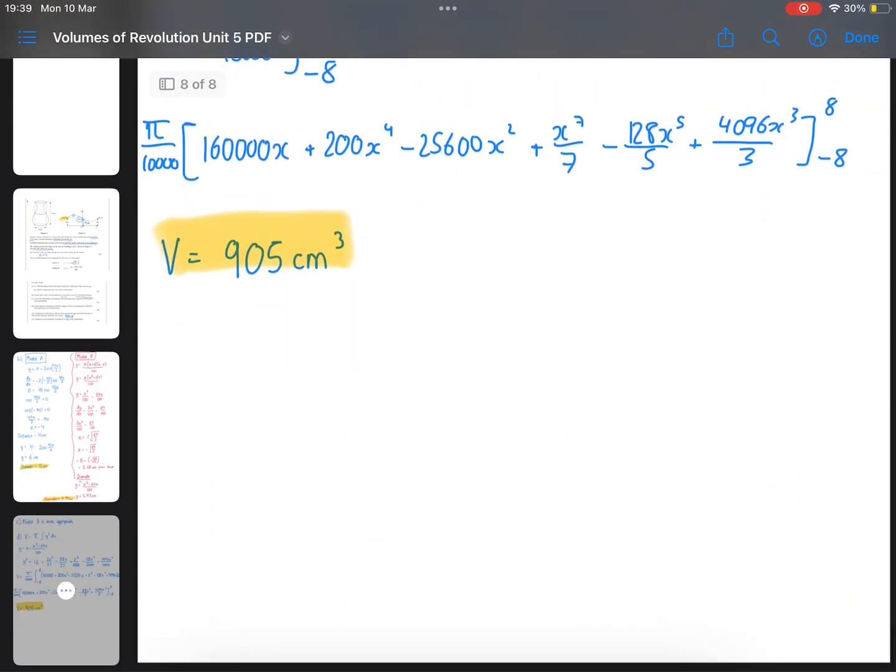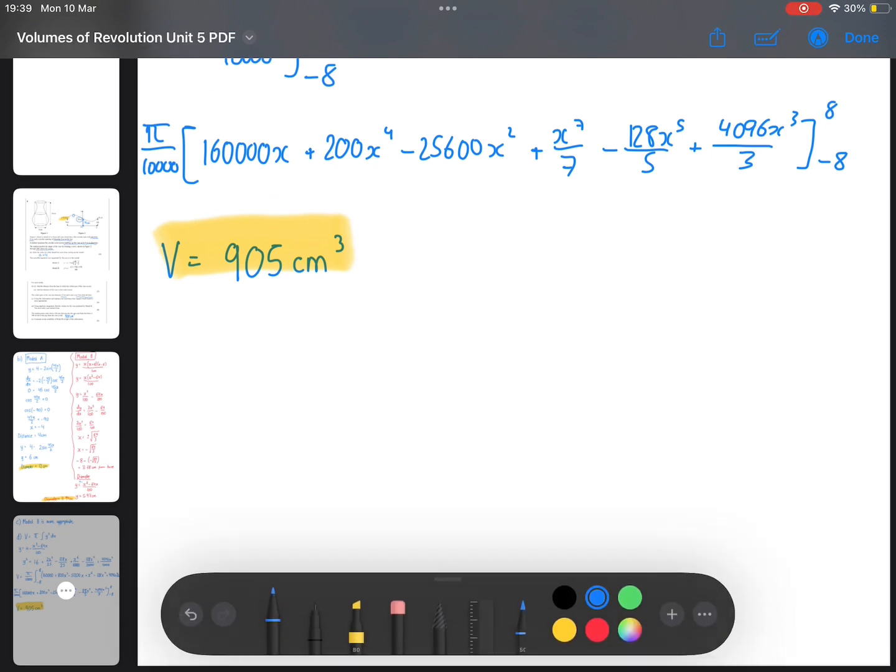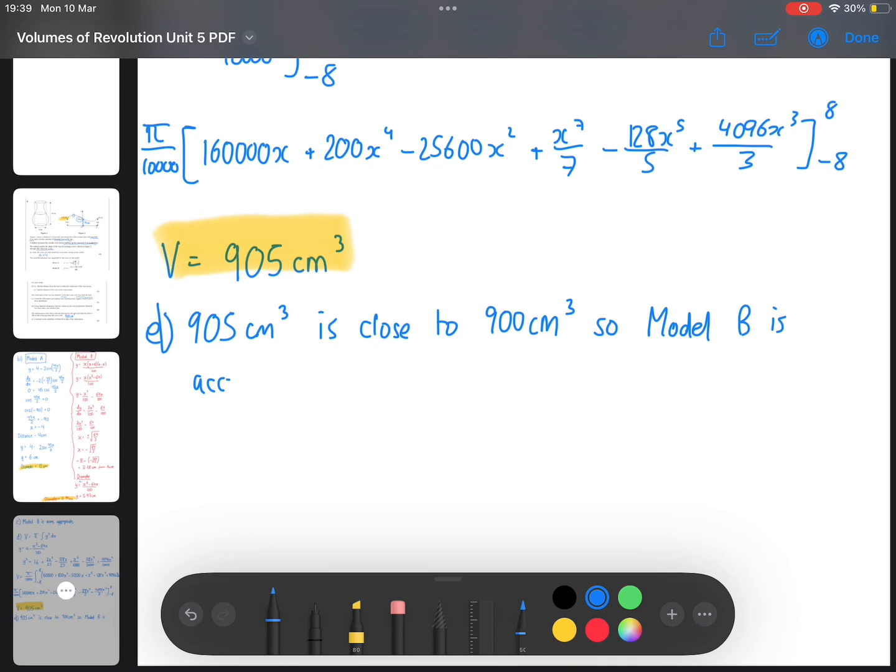Well, 905 is pretty close to 900, so 905 centimeters cubed is close to 900 centimeters cubed. So Model B is accurate.